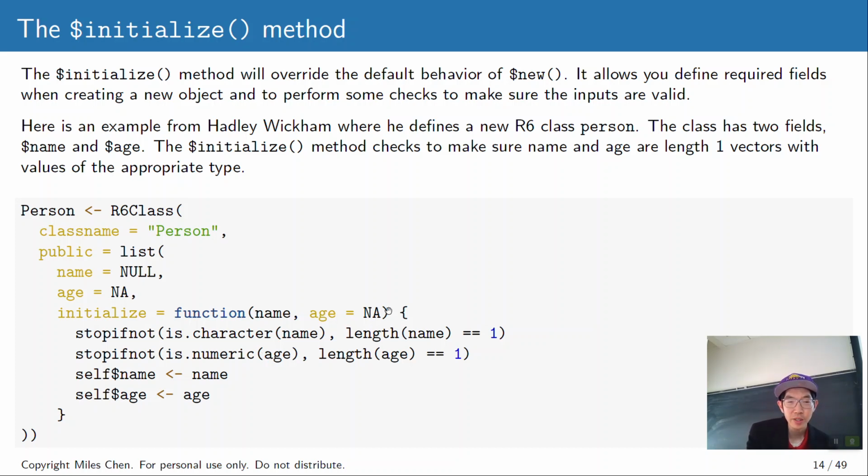So I think actually right now this NA is logical, so that this might be false, okay? And then the length of the age vector has to be 1. And then if these things pass, then we will take name and update self $name with that name value, and then self $age with the age value, right? And that's the end of initialize there, okay?